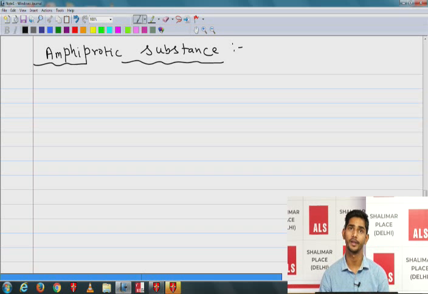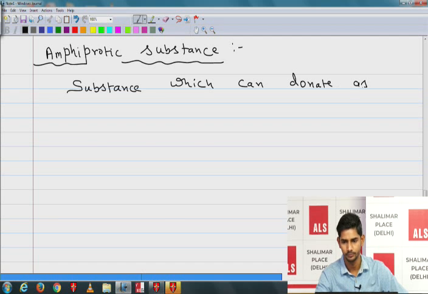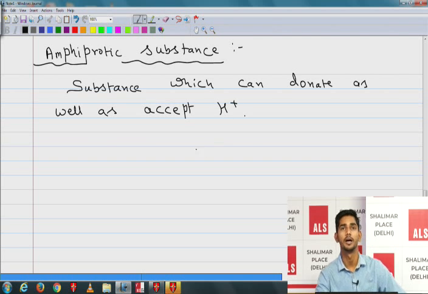So first of all, let's write down its definition. That substance which can donate as well as accept H plus is known as an amphiprotic substance.